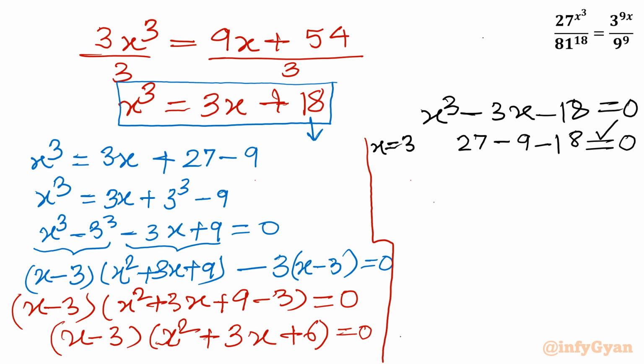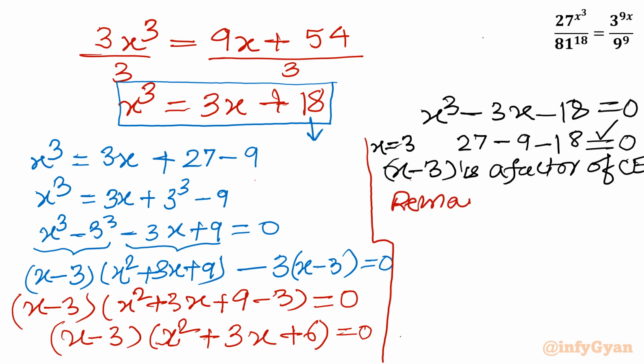That means x minus 3 is a factor of this cubic equation. So I can consider the common x minus 3, how it would be, that is using remainder theorem. So let me write here remainder theorem.